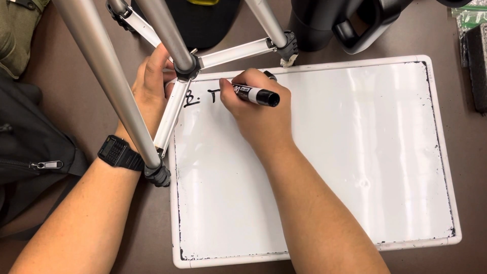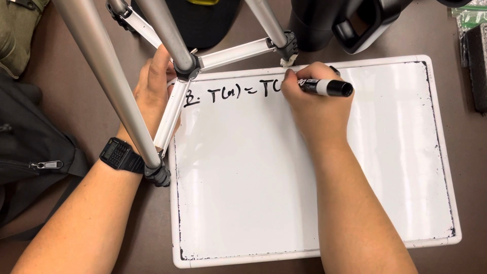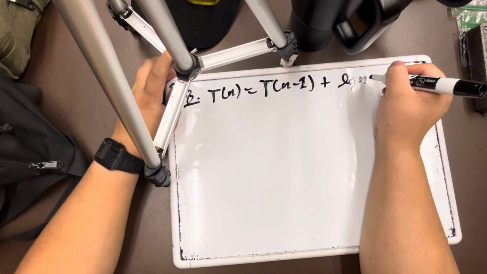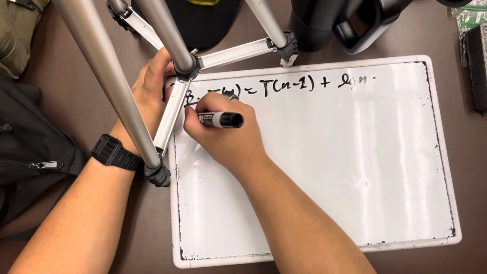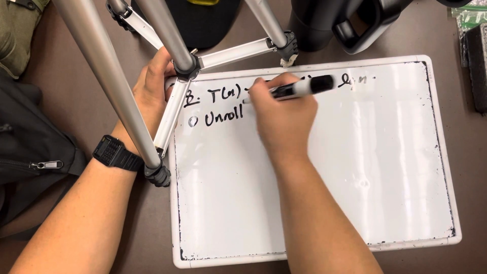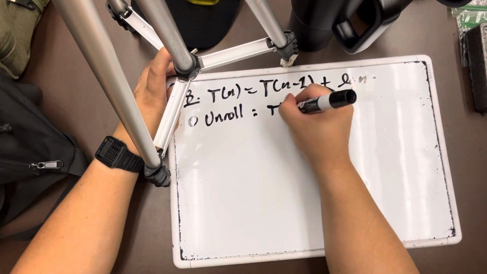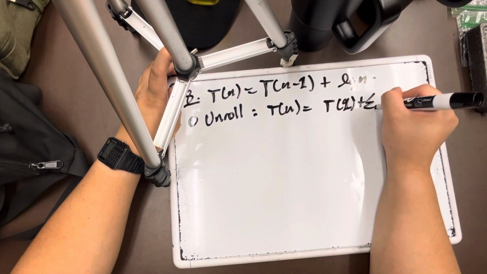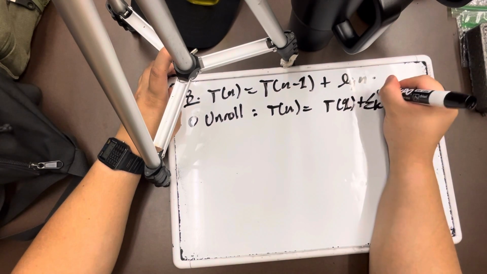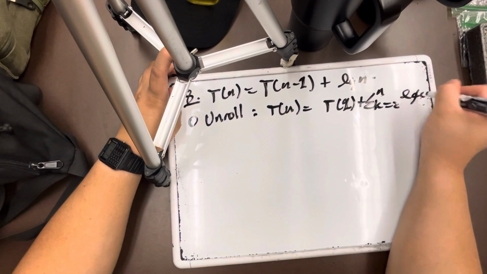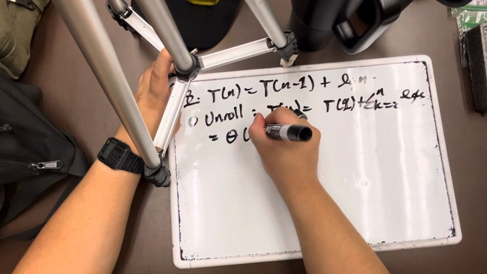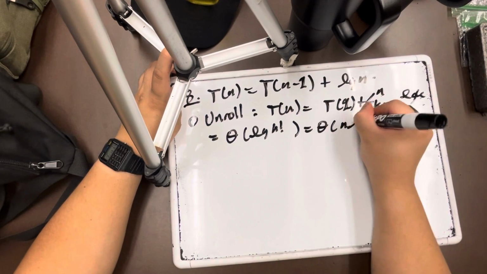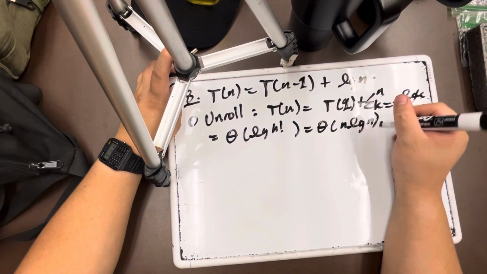So T(n) in this case is equal to T(n-1) plus log n. So rigorously, well, unroll to get T(n) is equal to, here we go, T(1) plus the summation from k equals 2 to n of log k, which is equal to Theta of log n factorial, which is equal to Theta of n log n, and this is by Stirling approximation, right?